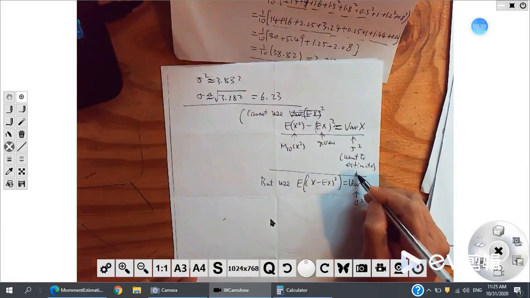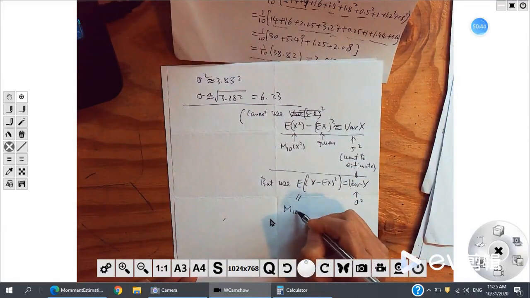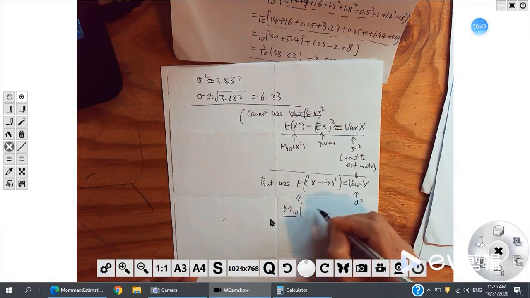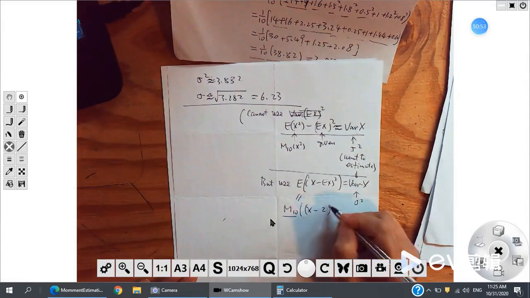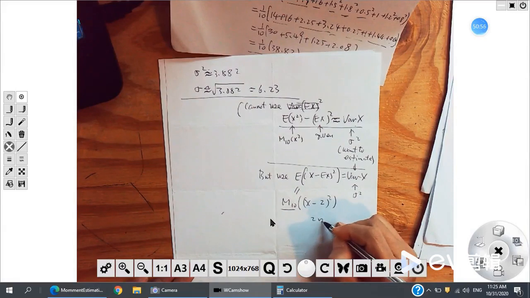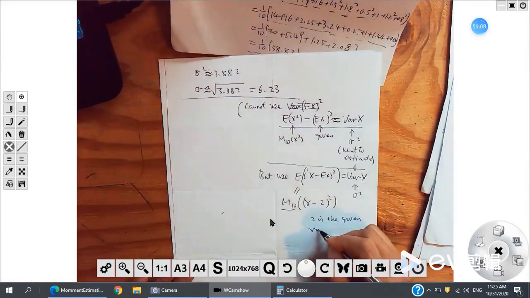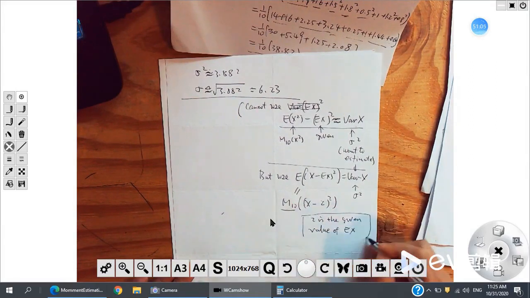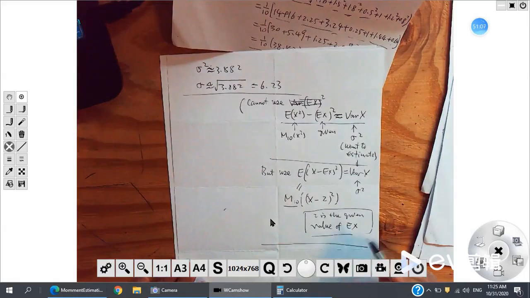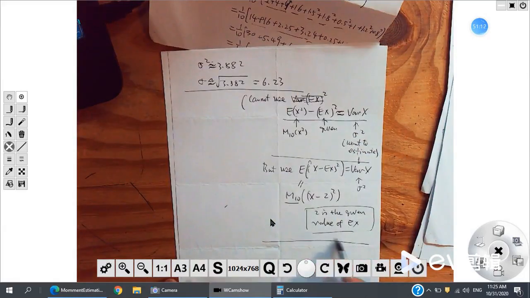And for E, I replace it by the mean of 10 samples. Samples of what? Now it is (x minus 2) squared. 2 is the given value of EX. So this is a special case. If you just use the other formula, you get the wrong estimator. So you have to use this one.